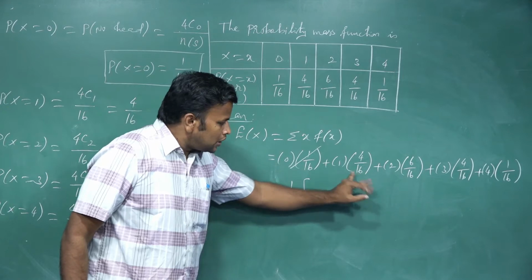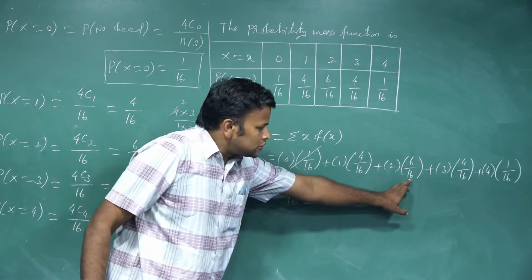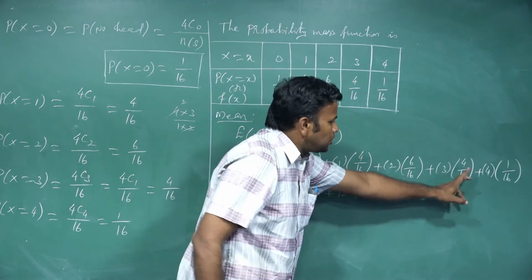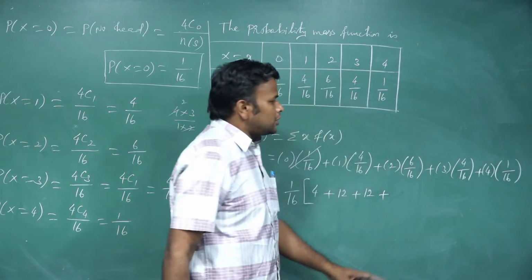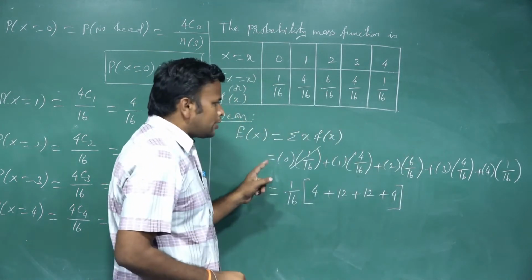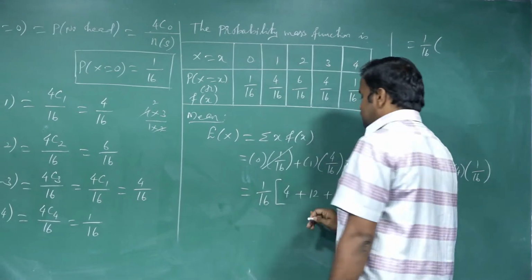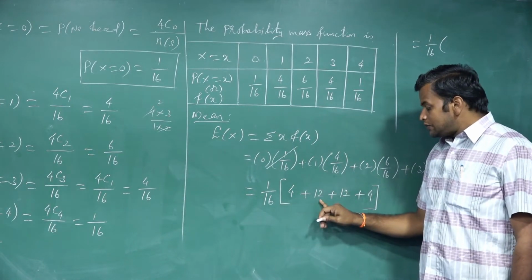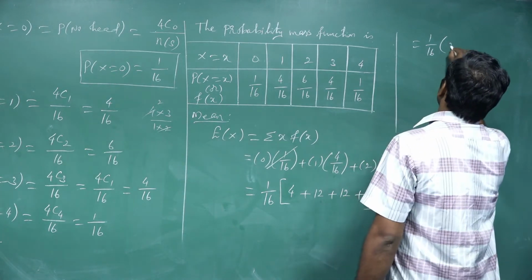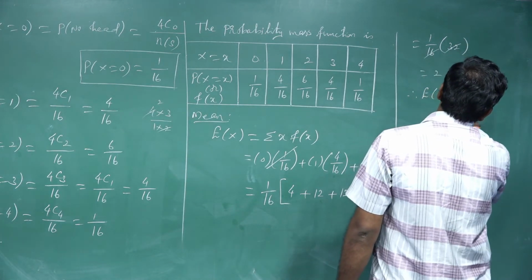The remaining terms: 1 into 4 is 4, plus 2 into 6, 2 sixes are 12, plus 3 fours are 12, plus 4 ones are 4. So outside is 1 by 16, and we add all the values: 4 plus 12 is 16, 20 and 32. So 32 by 16, we cancel, we get 2. Therefore, the E of x value is equal to 2.